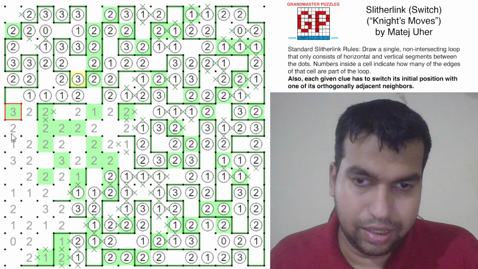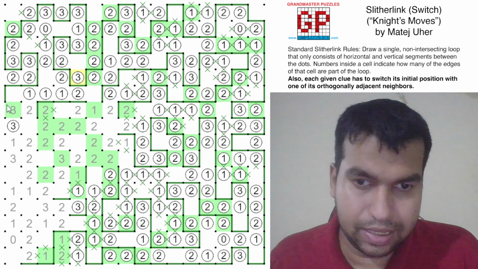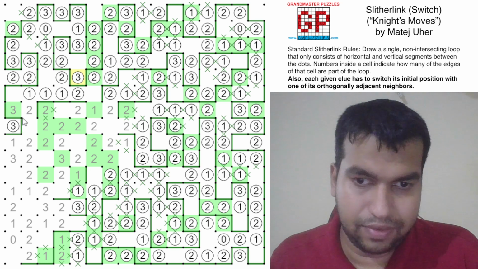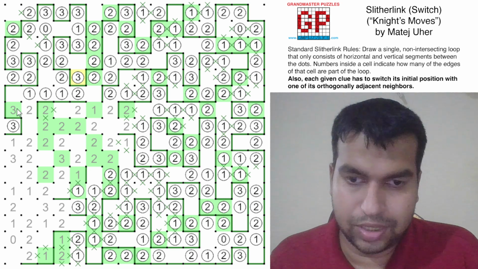Now if the 3 goes below, then what ends up happening is obviously you can't have this, but you also can't have this because it will break this 2. This has to be a 2 no matter what, because the 3 has gone down. Now this 2 will pair with this.